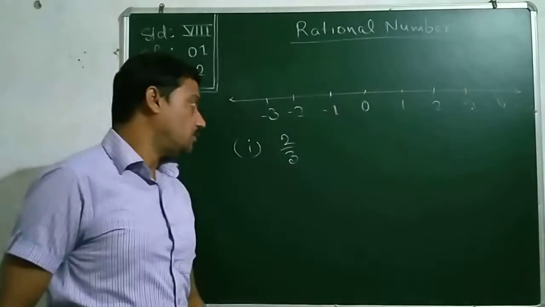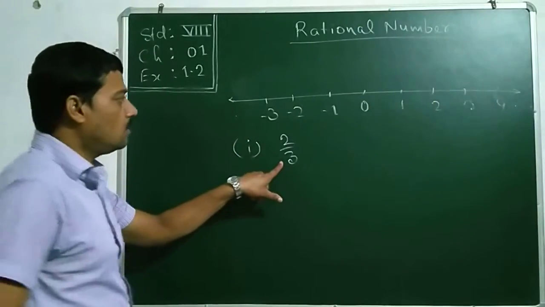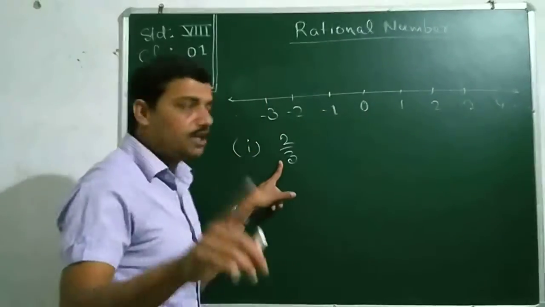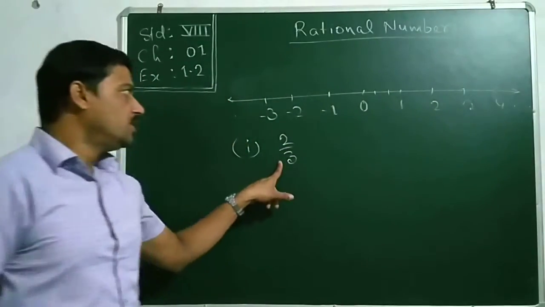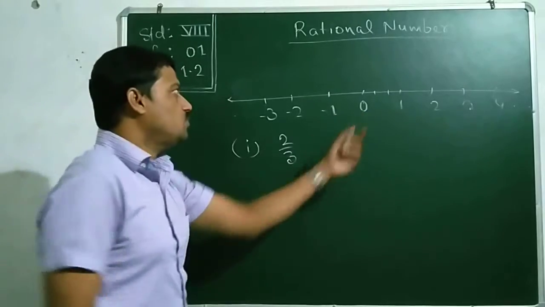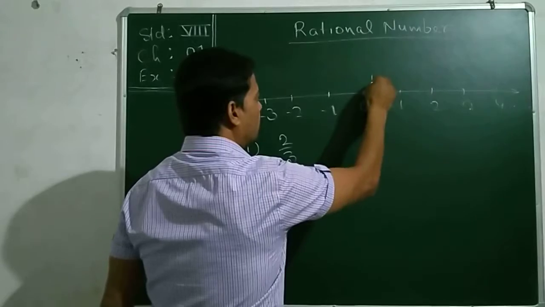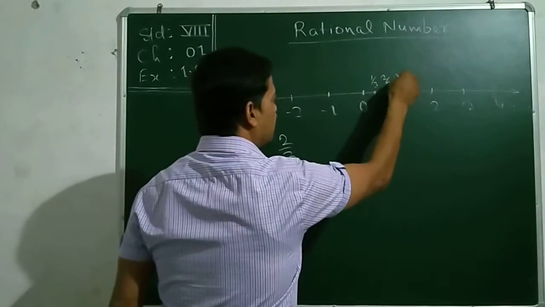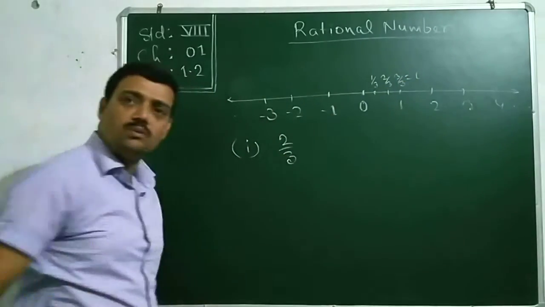So how to find out? The denominator is 3. So divide the one part into 3 equal parts. Consider these are the equal parts. Now this was 0, so this became 1 by 3, this became 2 by 3, and this became 3 by 3, and clearly 3 by 3 is equal to 1.